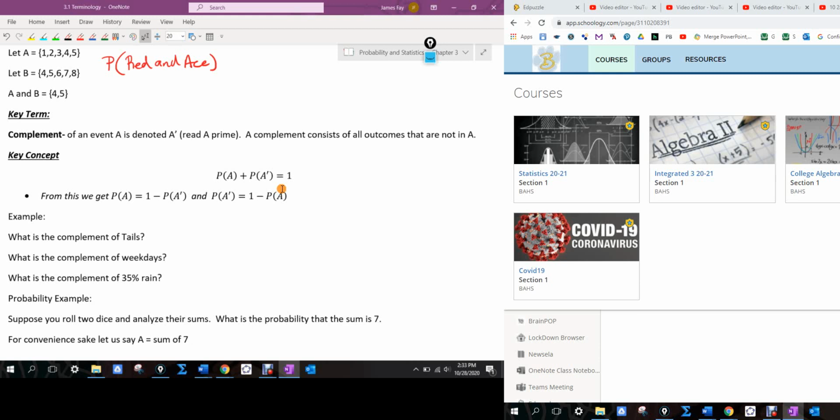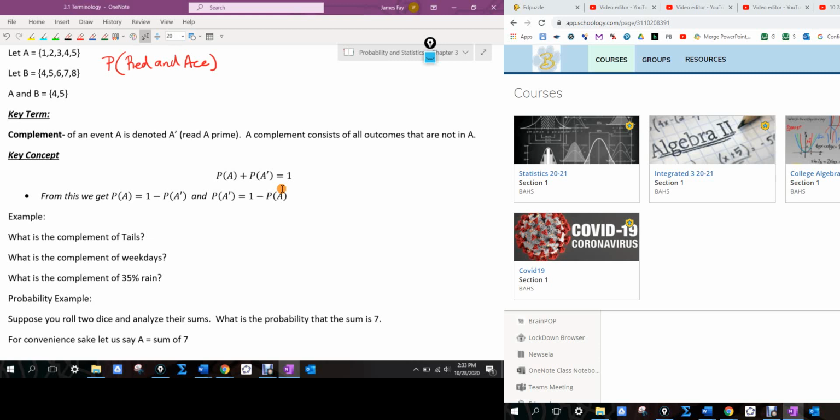Now the sum might not be 90. When we talk about complements and probability, what's the sum that we're looking for in all probabilities? What should all probabilities add up to? 100%, or 1, right? So if I tell you that it's a 30% chance that it's going to rain today, the complement of that, in probability, is 70%.